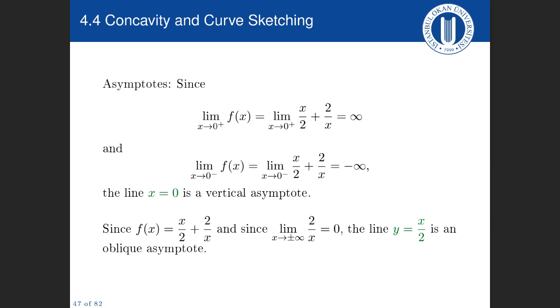If we think of our function as x over 2 plus 2 over x, and because the limit as x tends to infinity or minus infinity of 2 over x is equal to 0, that tells us that our graph is getting closer and closer to y equal to x over 2 as x gets bigger and bigger. So y equal to x over 2 is an oblique asymptote.